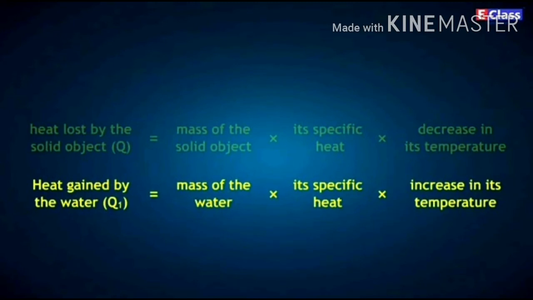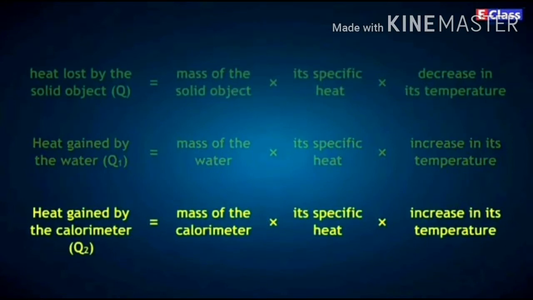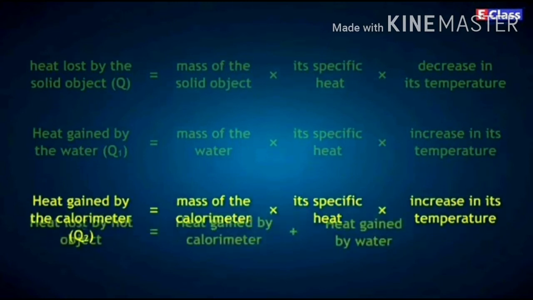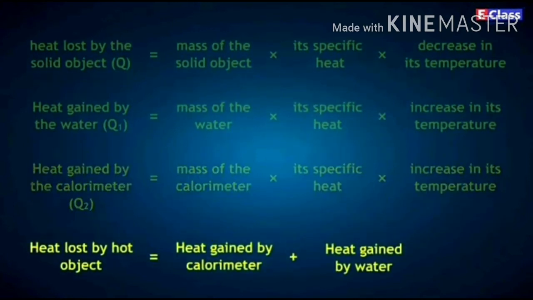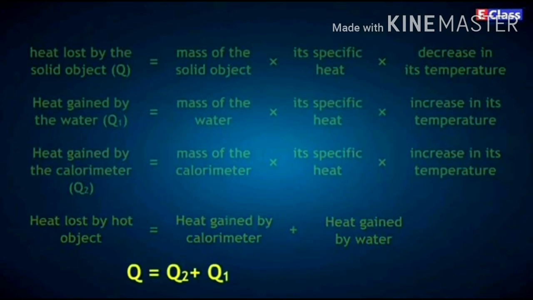Heat gained by the calorimeter Q2 is equal to mass of the calorimeter into its specific heat capacity into increase in its temperature. Thus, heat lost by hot object is equal to heat gained by calorimeter plus heat gained by water. That is, Q is equal to Q2 plus Q1.